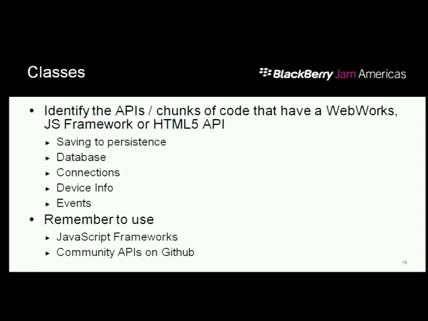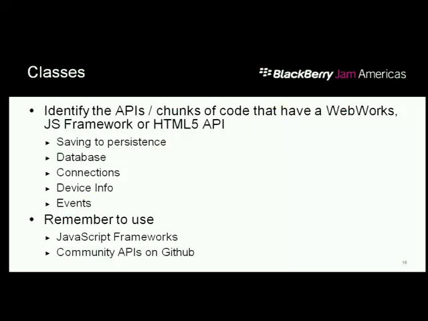So some of the classes that you may run into as you're identifying these pieces. Do you save data to the local application memory using persistence? If you do, you may want to look at something like HTML5 local storage and/or the SQLite database. Leading into the next one, if you're using a Java database on the device, you may want to look at using SQLite on the HTML5 version. How you do your connections.